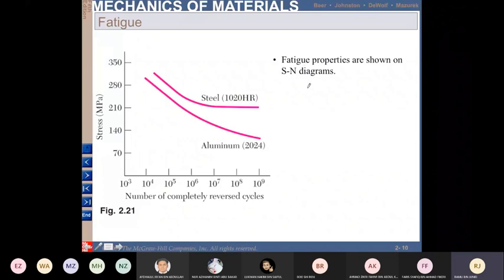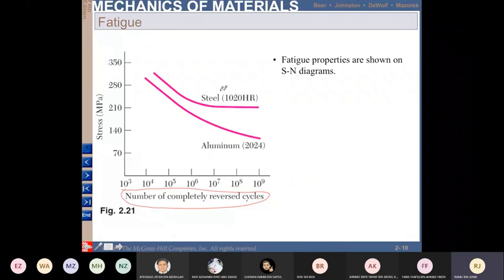But if the load that you give to the chair is probably 100 kilogram, it will have a certain number of cycles that it can last.